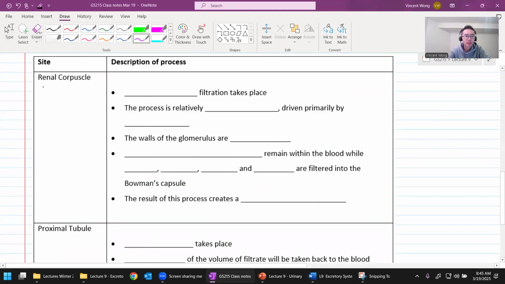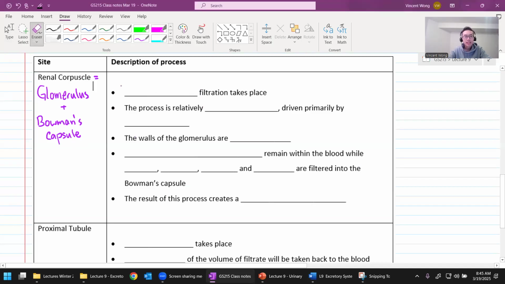So this is a bundle of glomerulus plus Bowman's capsule. If you read stuff online or in textbook, sometimes they might call it the glomerular capsule. Same thing. So equals to these two things together.